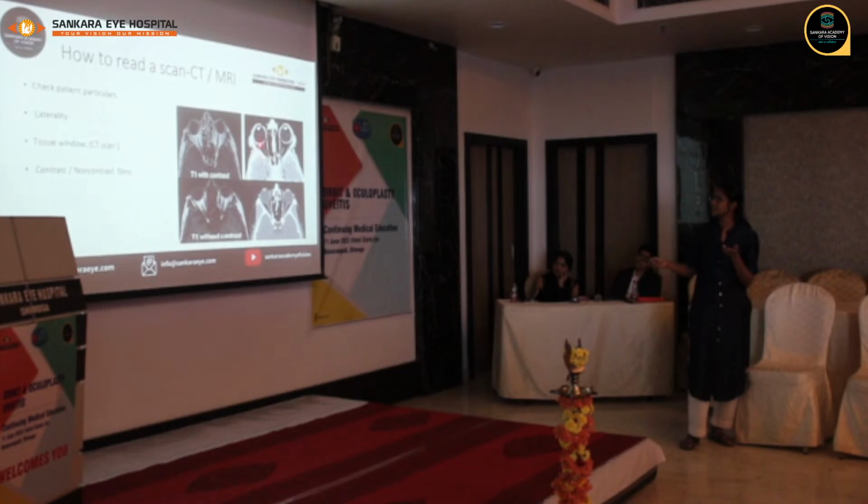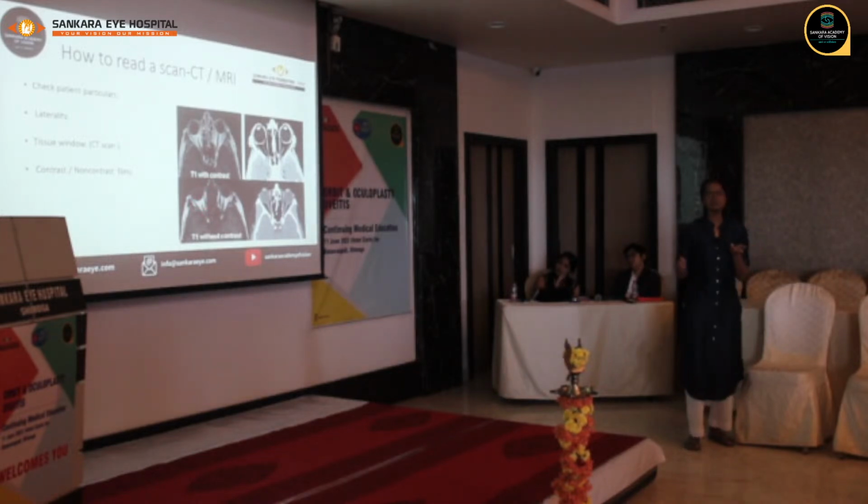See, this gets enhanced, so this is a contrast film. Similarly, here the extraocular muscles and the vascular lining get enhanced. So in D1, this is a contrast film. But here, it is not enhanced, so this is a non-contrast. Here the extraocular muscles appear gray, so this is a non-contrast.